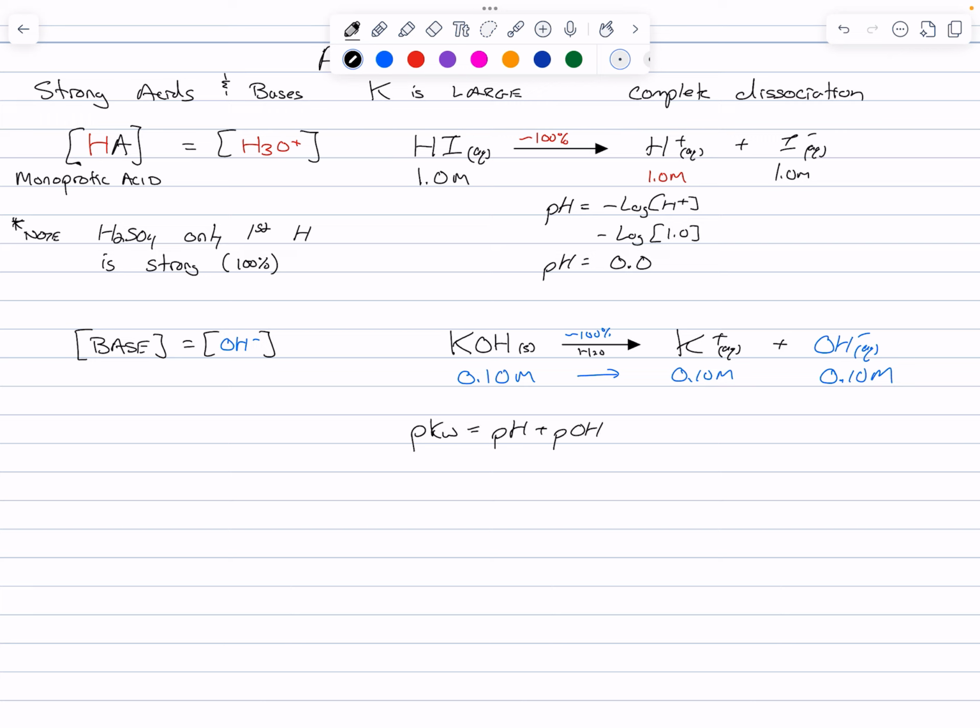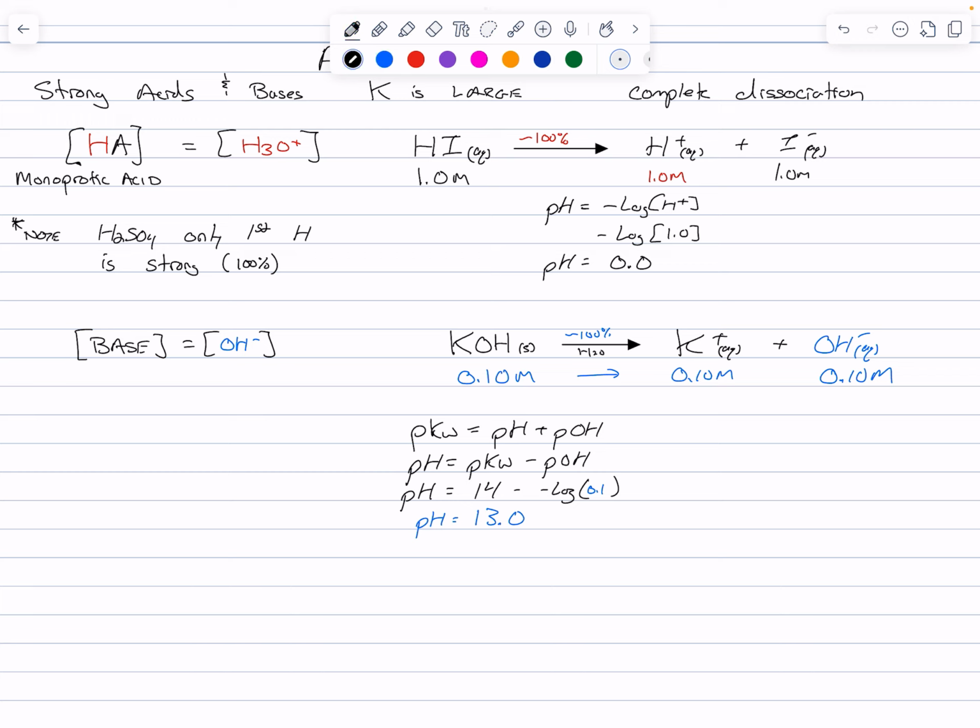So rearranging, pH equals pKw minus pOH. So the pH would be equal to 14 minus the negative log of 0.1. So it means the pH would be 13. All right, that's one way to do it.